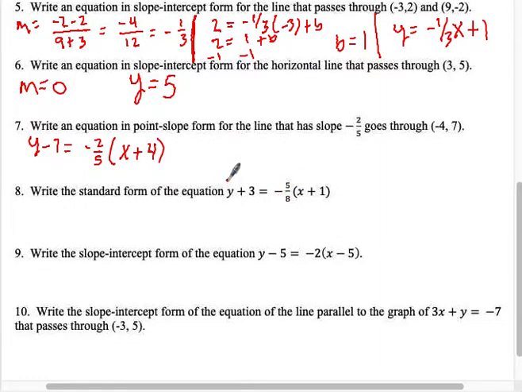So what do I do first? Multiply by negative 8. I'm going to distribute the negative 8 through here, right? You with me on this? So it would be negative 8y minus 24 equals positive 5 times x plus 1.